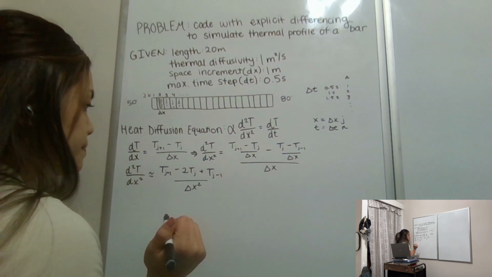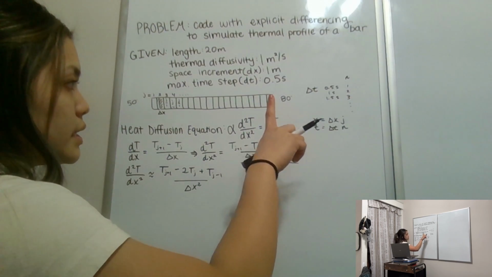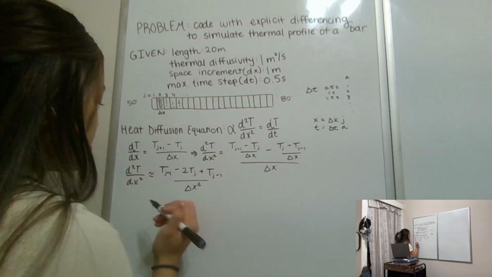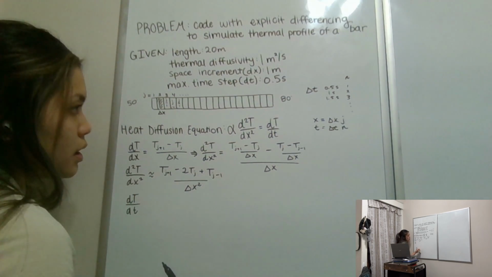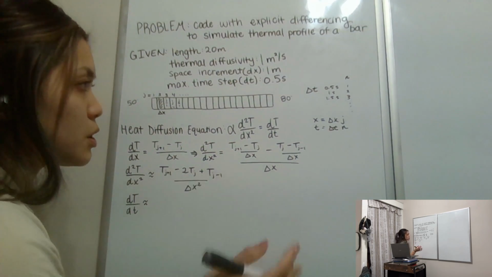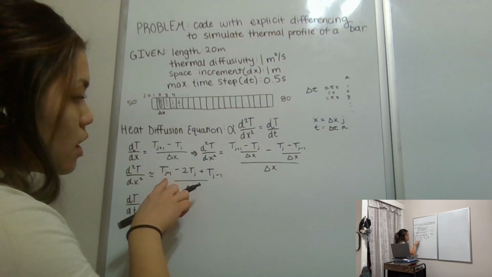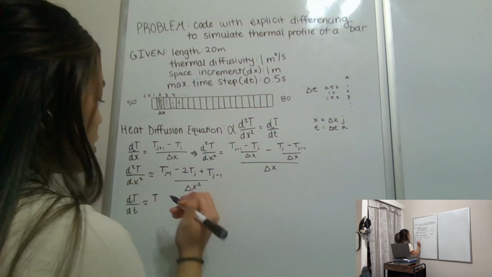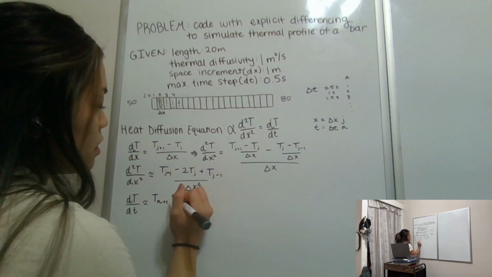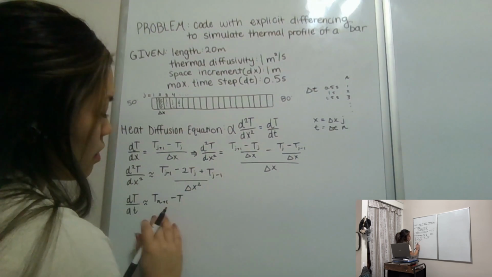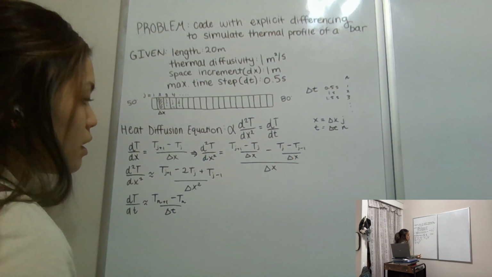Moving on, we need to approximate the change in temperature with respect to time. That's approximately a similar process. Instead of using J's now, we'll be using n because we're moving to a different counter. So we'll have the temperature at counter n plus 1 minus the temperature at counter n, divided by the change in time.